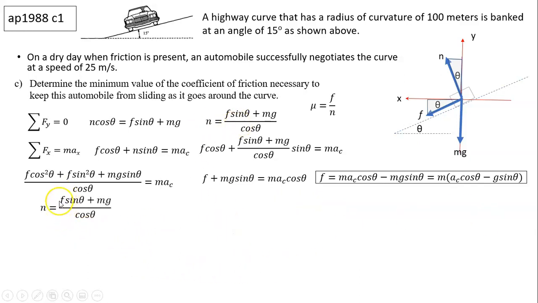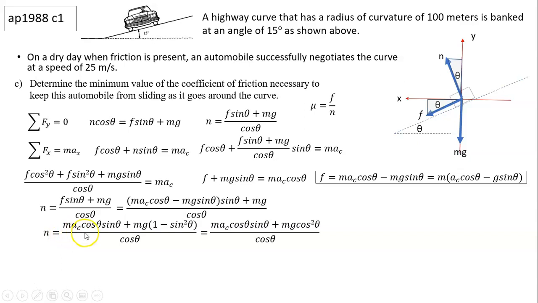To solve for N, we need to plug the F into this equation. So F equals mac cosine theta minus mg sine theta, times sine theta, plus mg. Distribute sine theta to both terms. That becomes mac cosine theta times sine theta minus mg sine theta squared plus mg.